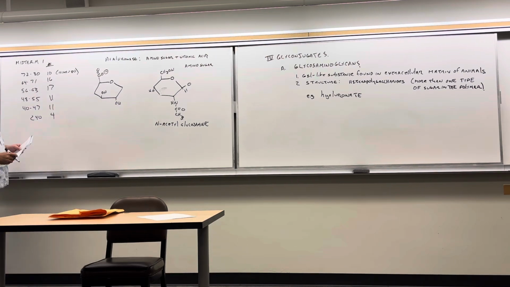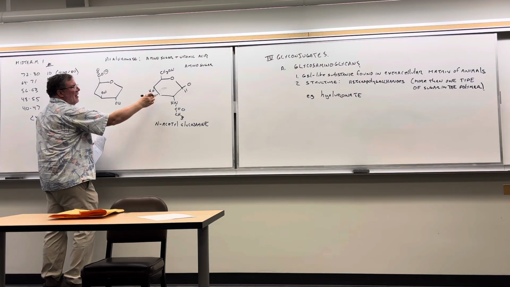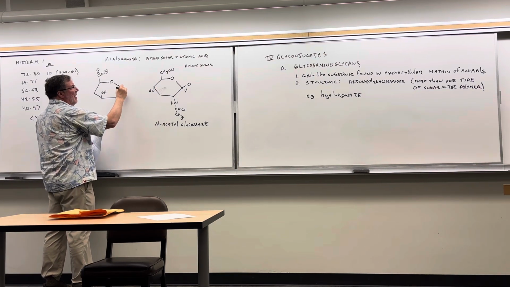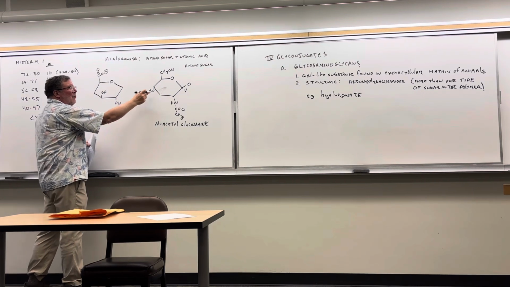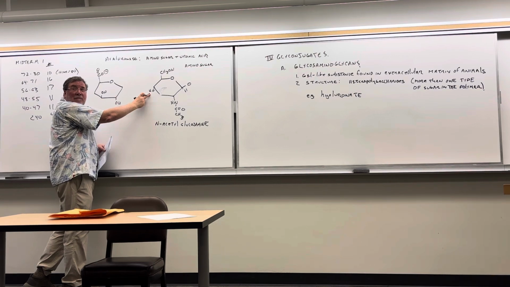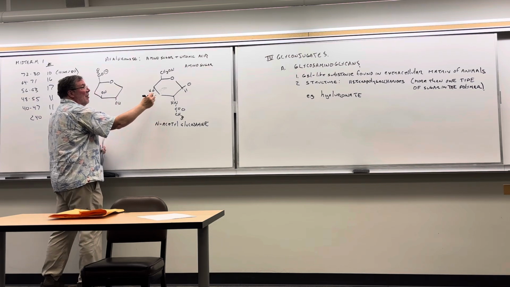All right, now here is where the reason I didn't write this hydroxyl group in, because it's going to be connected to the amino sugar here. We've pretty much done all our connecting to this number 4 carbon, right? And cellulose and all those others, it's always been 1 to 4. This is actually going to be a 1 to 3.